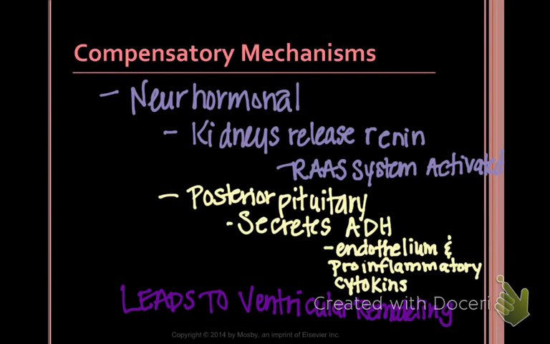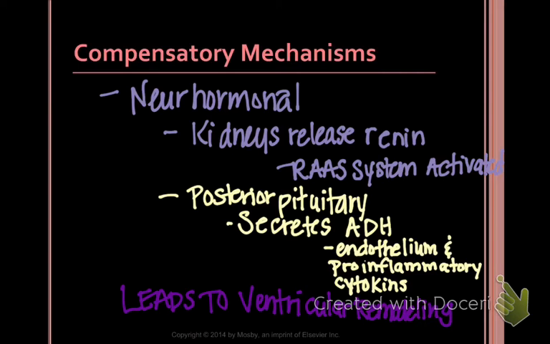So this is like a neurohormonal response. Basically, as your cardiac output falls, your blood flow to the kidneys decreases. This is sensed by the kidneys, and in response, the kidneys release renin, which converts angiotensinogen to angiotensin 1.